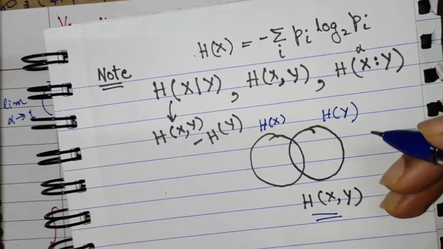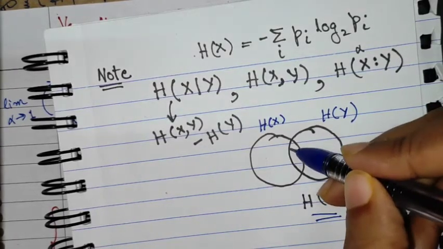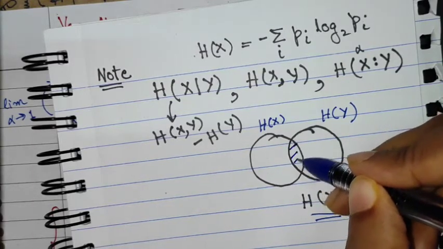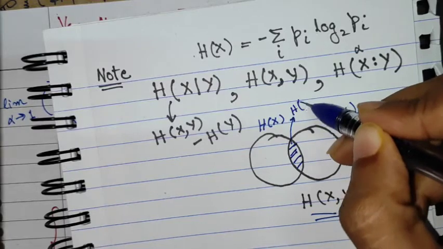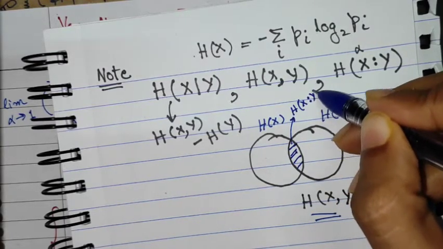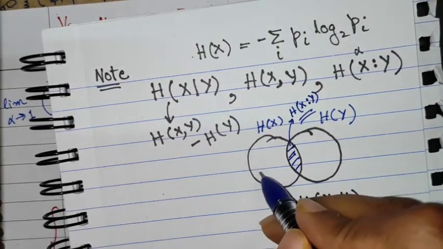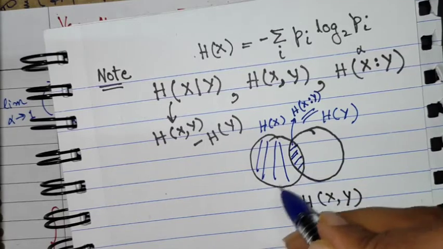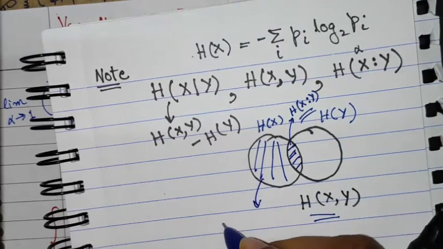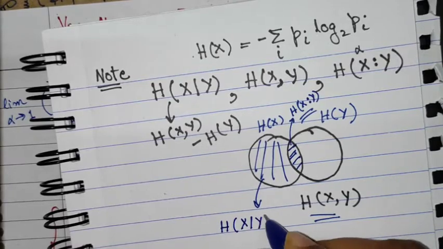Now you see how mutual information intuitively means the overlap. So this thing is actually H of x mutual y. This is the mutual information part. And this part that we see, after subtracting the mutual part, is H of x conditioned on y.